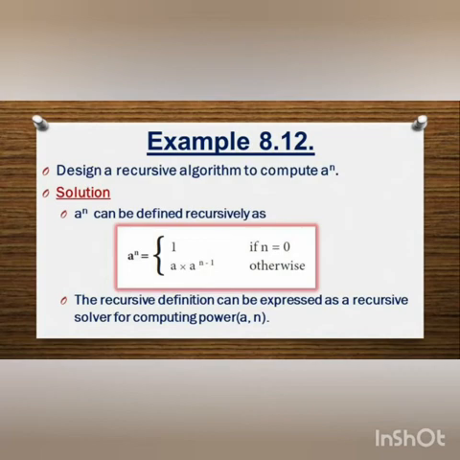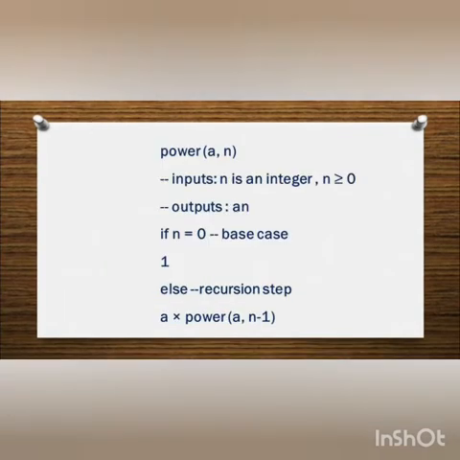Now let's see an algorithm. Power of a comma n. Here power is the name of the algorithm and the input values are a comma n. And the input property is n is an integer and n is greater than or equal to 0. So n should be an integer and n should be greater than or equal to 0 here.